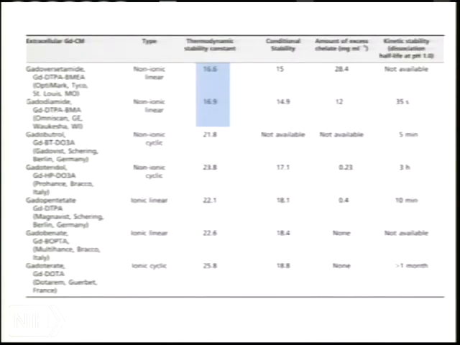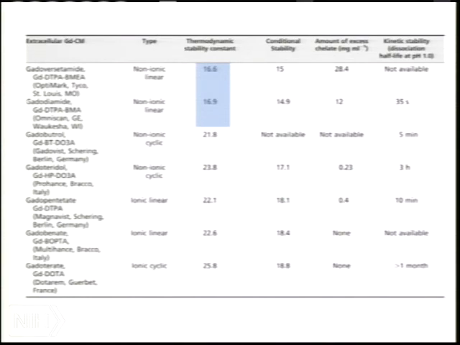So these are the names of the agents that are available, but I want to talk about one aspect of them, and that's the thermodynamic stability constant. And you may say, well, that's a little esoteric. He's talking about imaging. What do we care about thermodynamic stability constants?